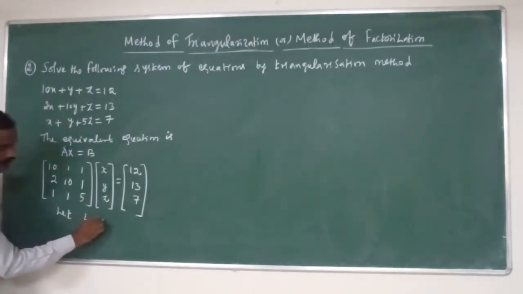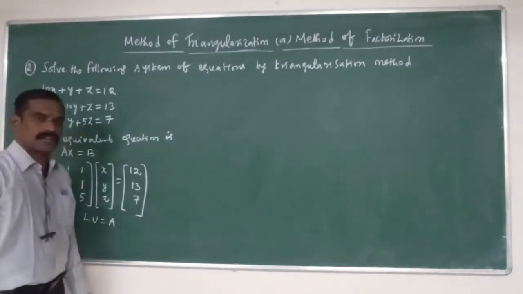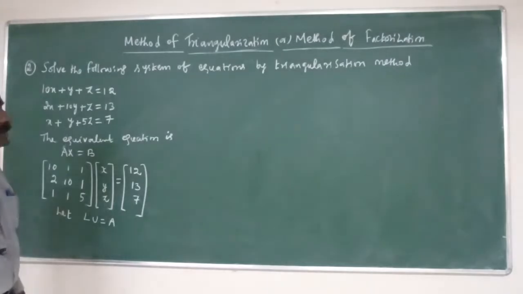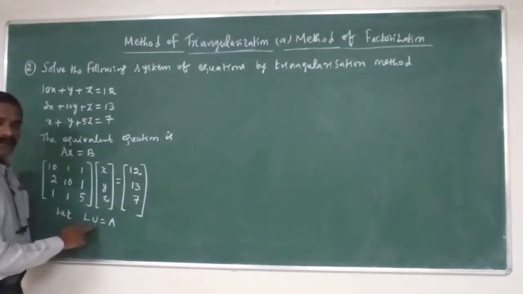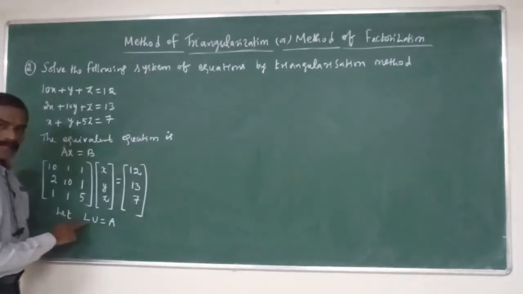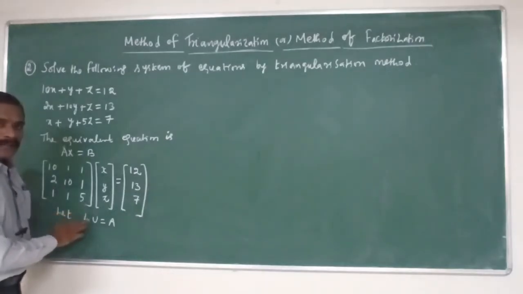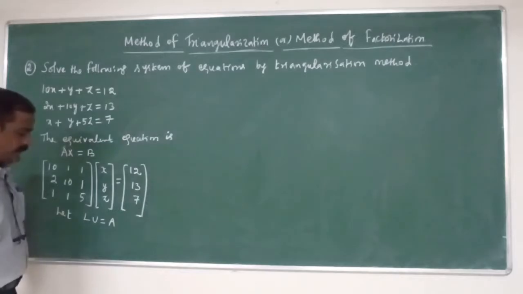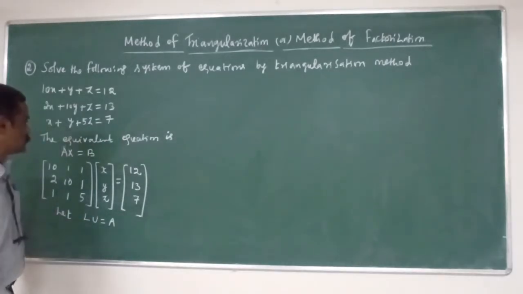Now here Ax equal to b, we can write LU equal to A. Here A is the decomposition of the matrix. Okay. Now the product of the lower triangular, in which the diagonal elements are equal to 1, and the upper triangular matrix.